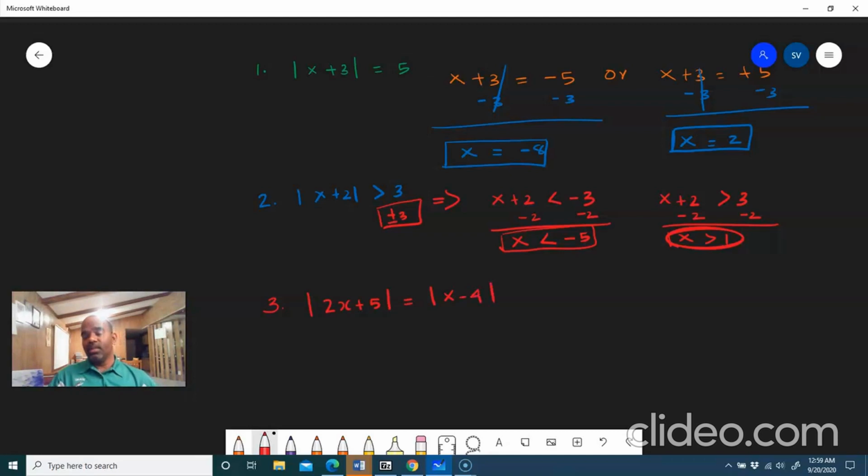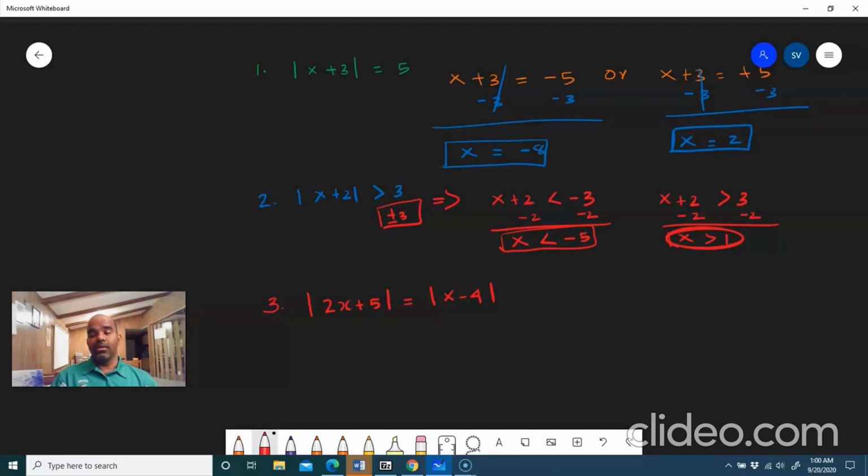If two absolute value statements are equal, how can we approach that problem? If the arguments of two absolute values are equal, you can approach the problem from one direction.